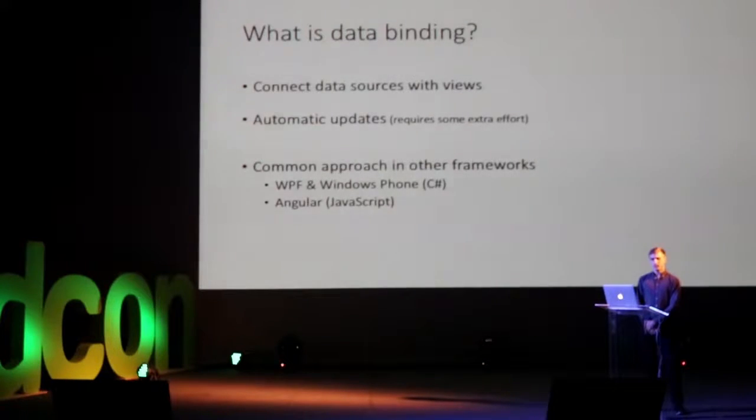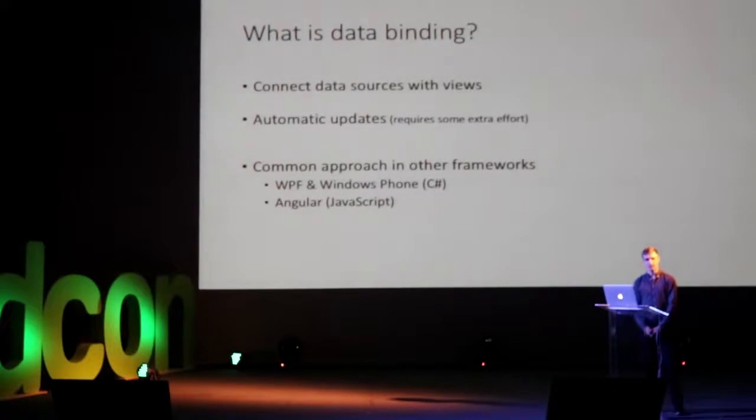So data binding, to put it in a very simple way, is a way to connect data sources with views. That's the simplest definition of data binding. And then with a bit of extra effort, you also get automatic updates. So when the data changes, your view is updated automatically as well. That's very nice.